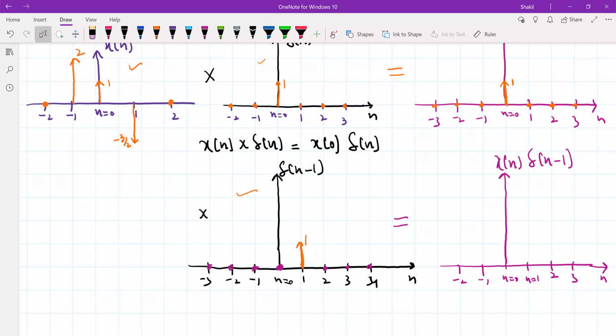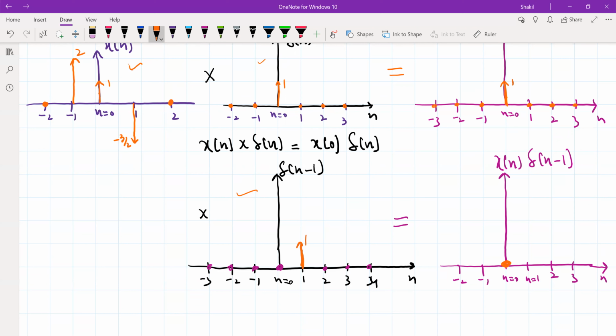So when we multiply x of n with delta n minus 1, what will happen? Let's start with the n equal to 0 point. At n equal to 0, delta n minus 1 is 0, and x of n is 1, so the result will be simply 0. Similarly, the value of delta n minus 1 at n equal to 1 is 1, and the value of x of n at n equal to 1 is minus 3 by 2.